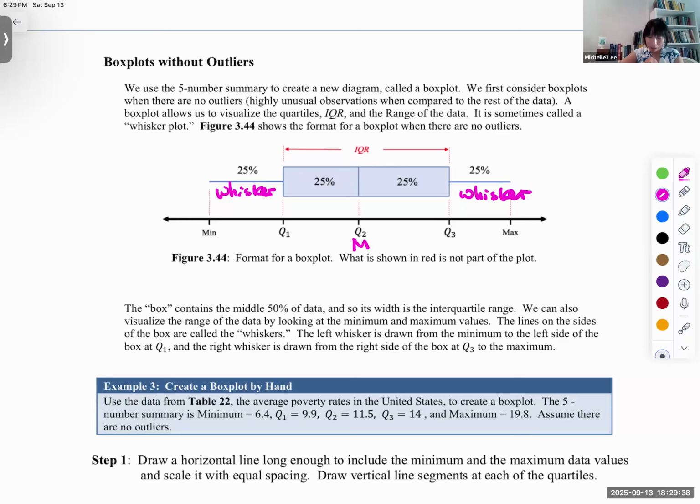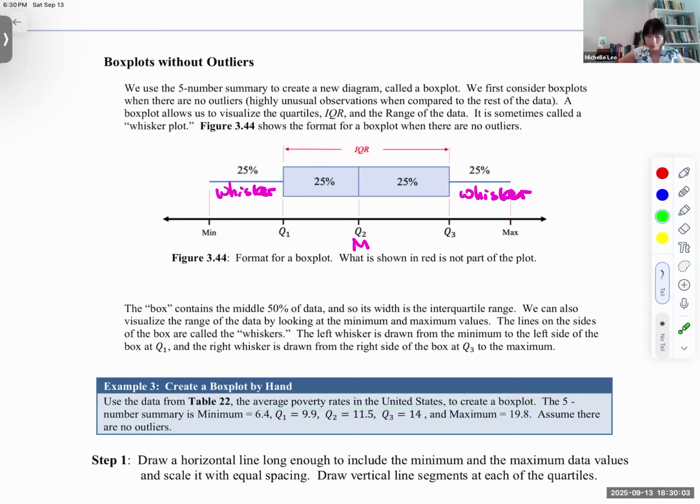All right, now we want to create a box plot by hand, and then I'm going to show you how to use StatCrunch too. So we have average poverty rates in the US to create a box plot.